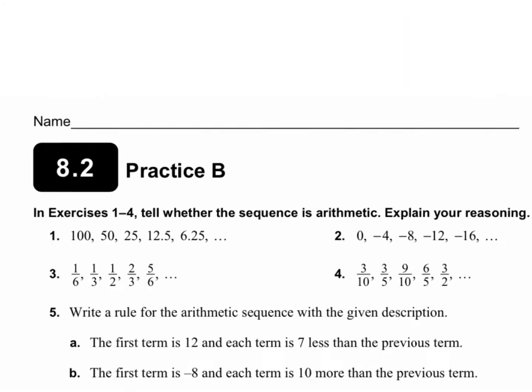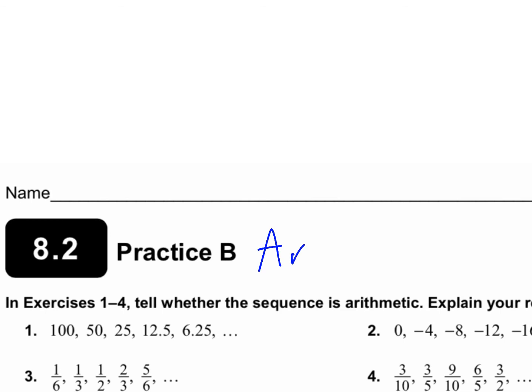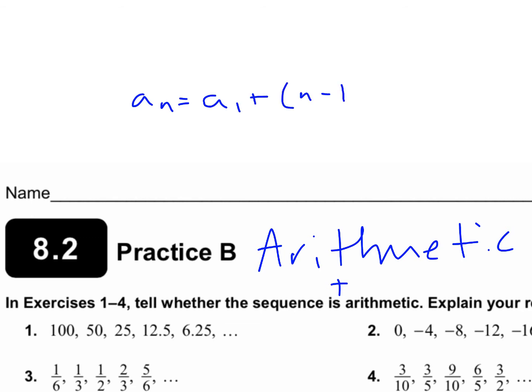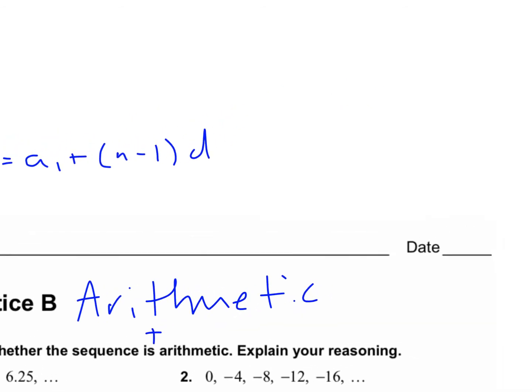So 8.2, this is our arithmetic sequence, which means we add to get from one number to the next. Our two formulas are a sub n is equal to a sub 1 plus n minus 1 times d. And then we also have our sum of an arithmetic sequence, which is n times a sub 1 plus a sub n, over 2.